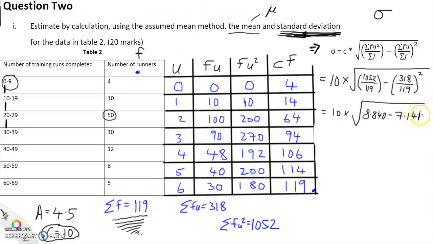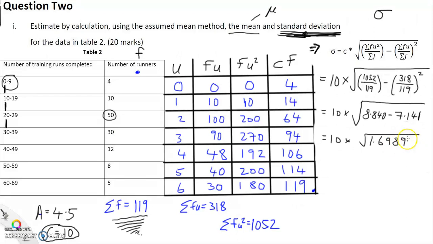So you have to take care using the calculator there and practice it. And that's equal to 10 multiplied by the square root of 8.84 minus that 7.141, and we get 1.6989. We just have to limit the amount of decimal places we're using.